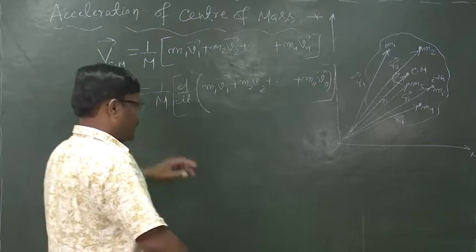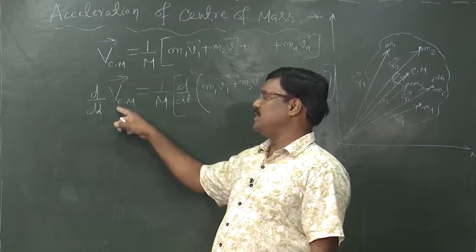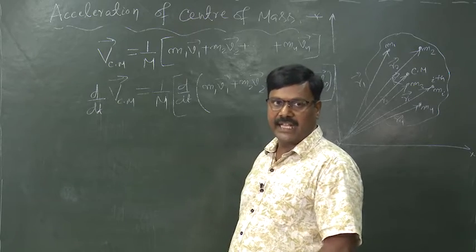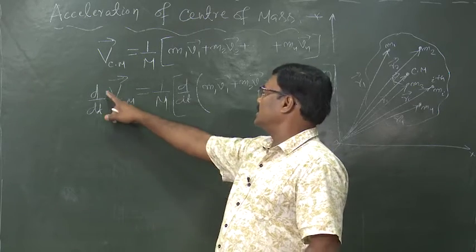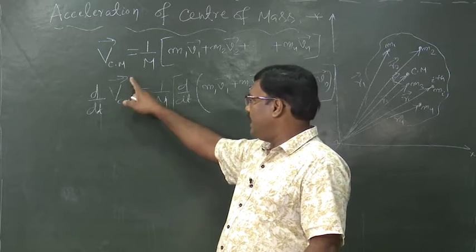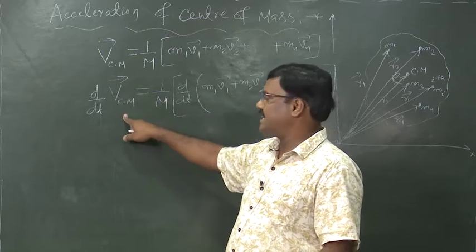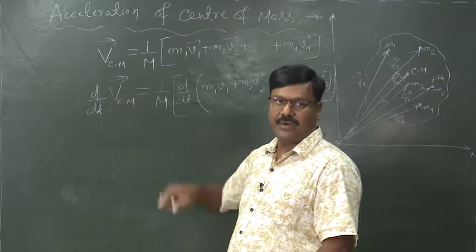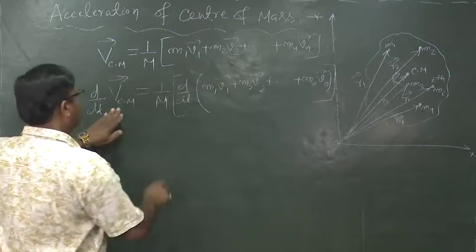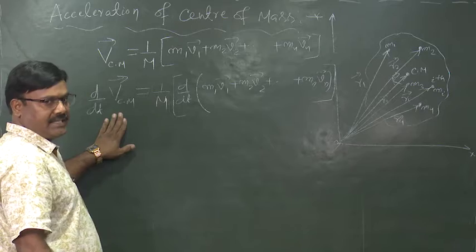But the time derivative of a velocity is known as acceleration. So, the time derivative of the velocity of the center of mass will be termed as the acceleration of the center of mass.